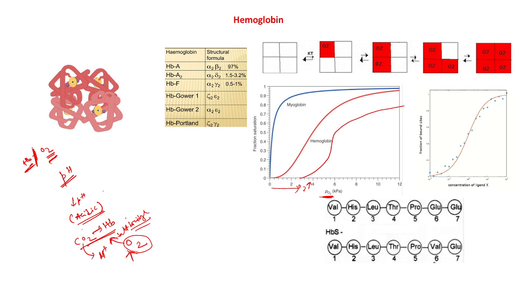This is the carbaminohemoglobin, the deoxyhemoglobin. When carbon dioxide is bound to the hemoglobin, that is it. When oxygen is bound to the hemoglobin, it is called oxyhemoglobin.